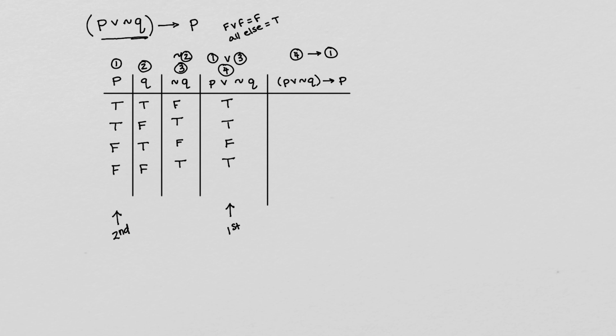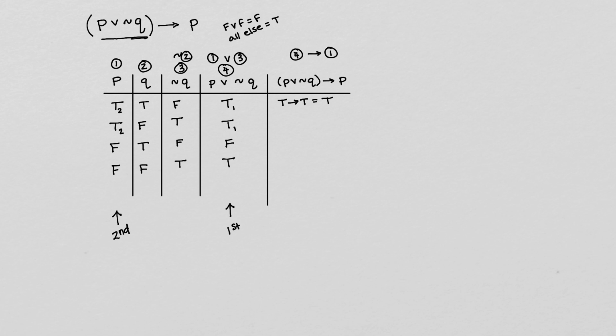So here we have, for the first row, if true, then true, because I'm looking here first and then here. If true, then true is true. For the next one, same deal.